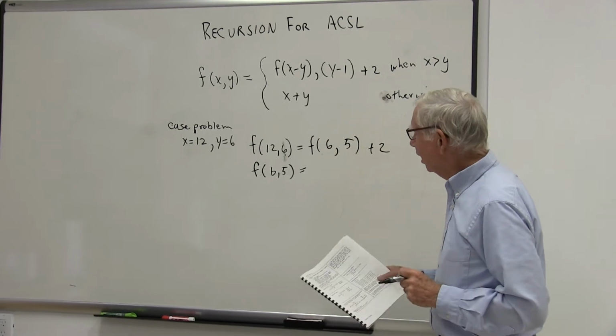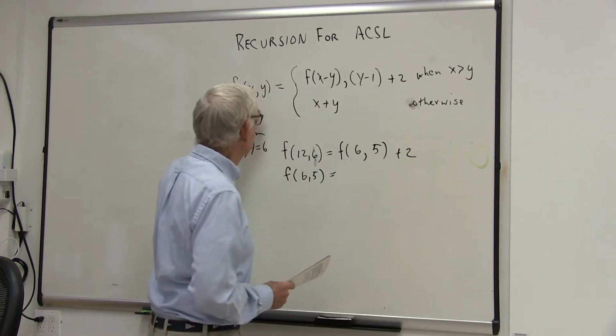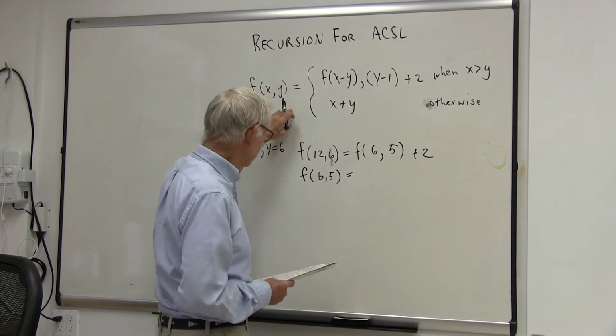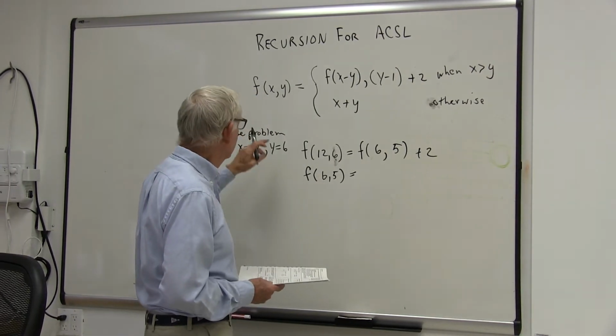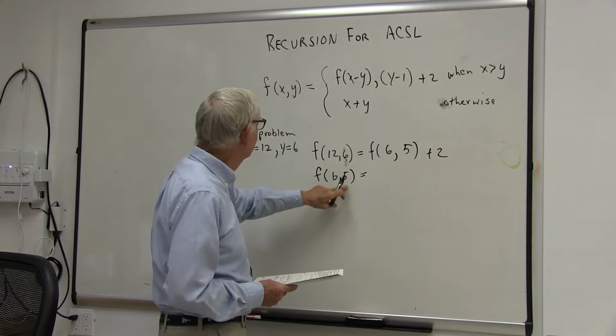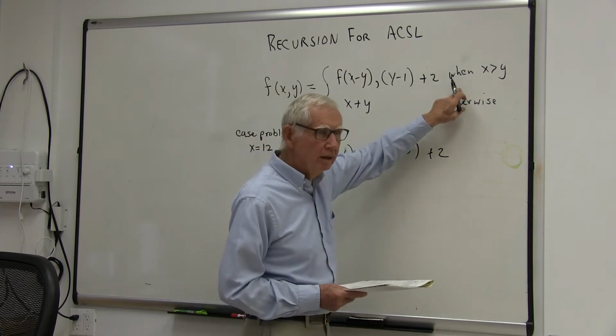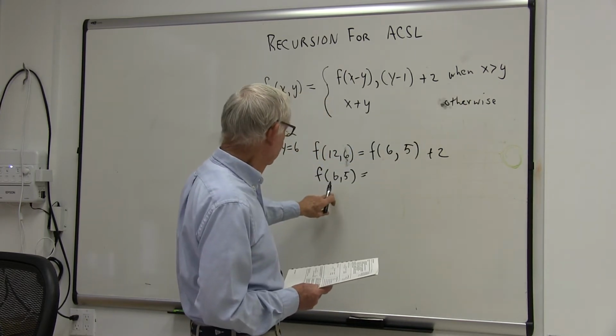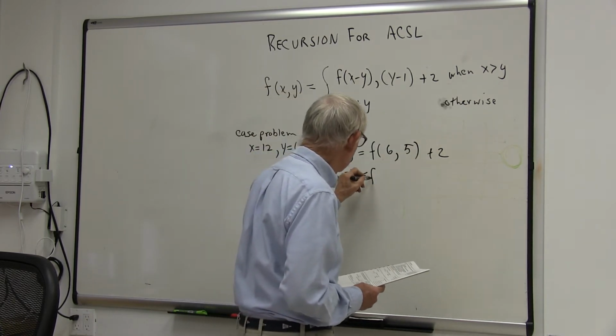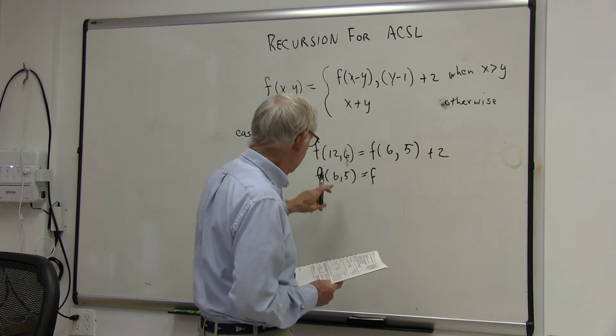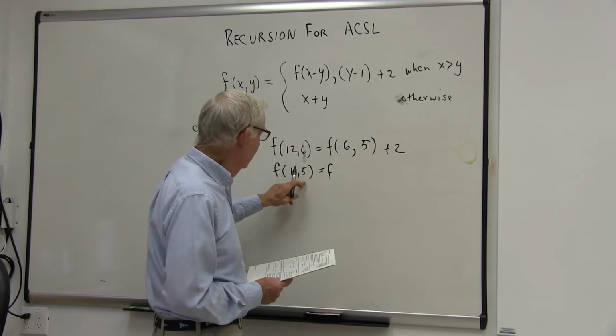So 6, 5. So if we look at that, again, this is a general solution, a recursive solution. 6, 5 says this. x is 6 and y is 5. So we know that x is greater than y, so we rewrite this again. So this is the function of x minus y, that's 6 minus 5, which is 1.